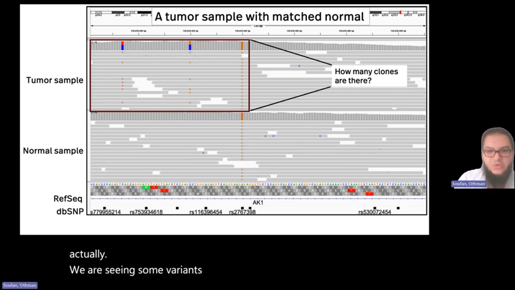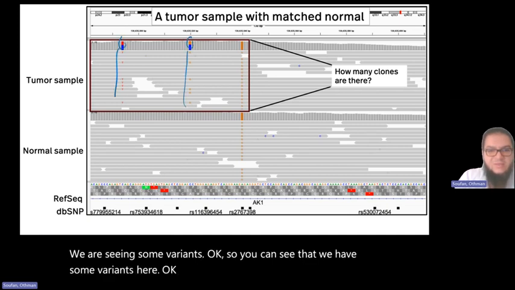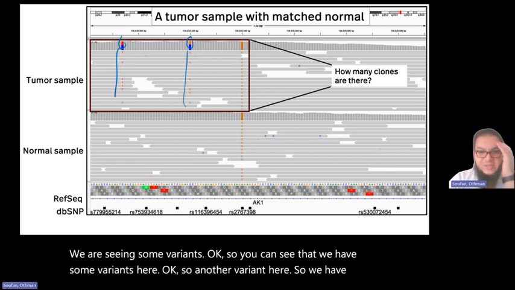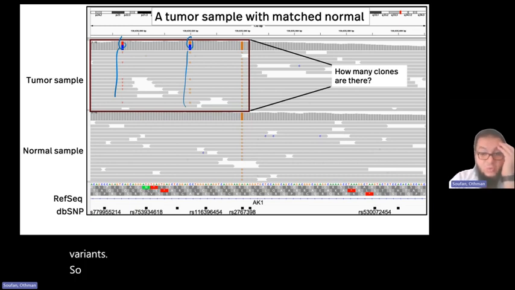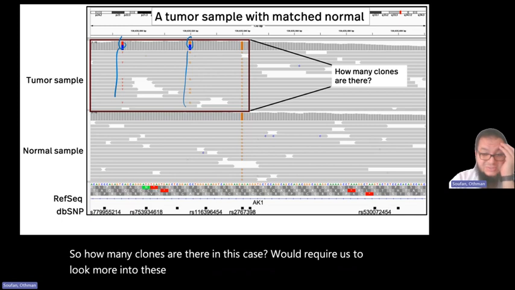So you can see that we have some variants here. Another variant here. So we have two variants. How many clones are there in this case? That would require us to look more into these two variants.